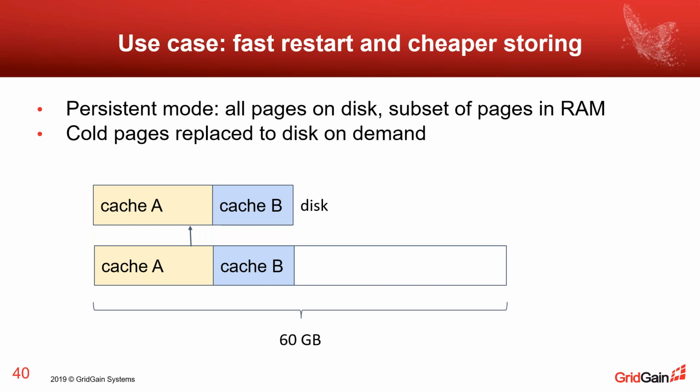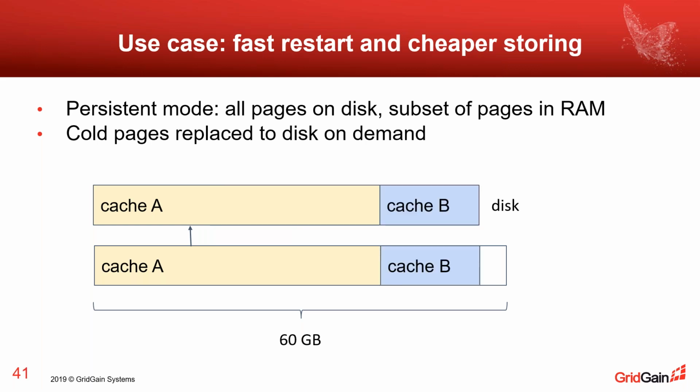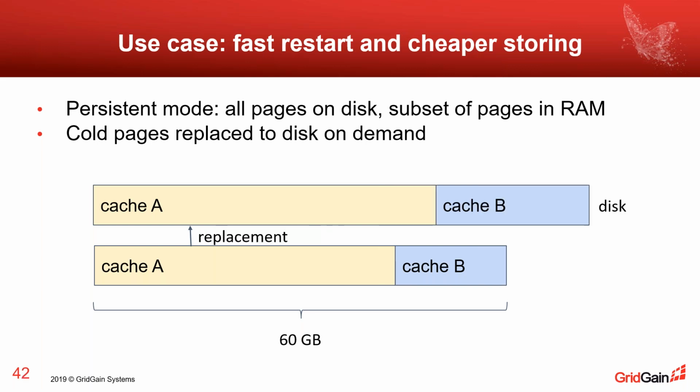But when you are getting closer and closer to your limit, when you reach it, part of your data is replaced. So the Ignite node just finds the coldest pages, and they are removed, but removed only from RAM. They are still present on disk.